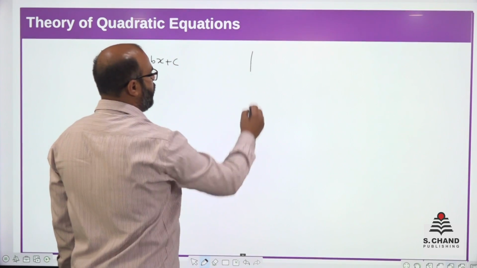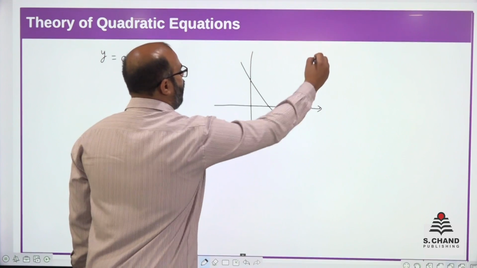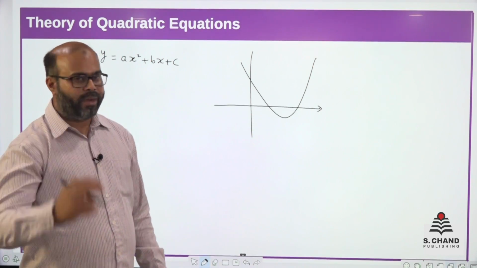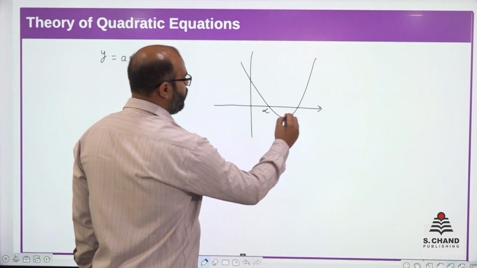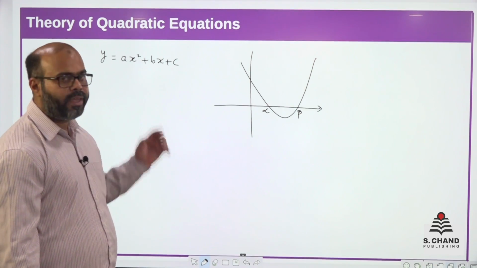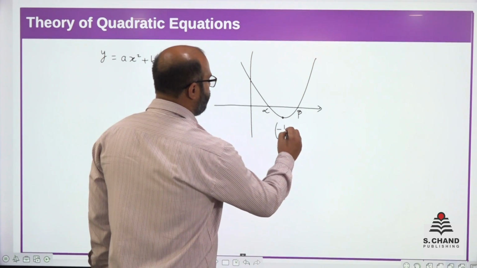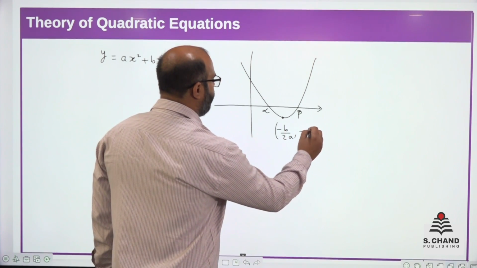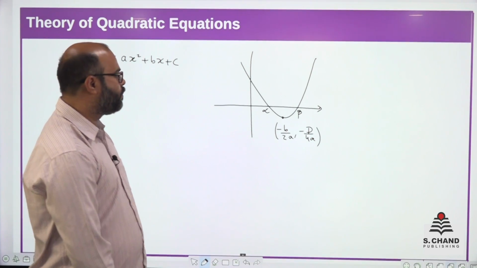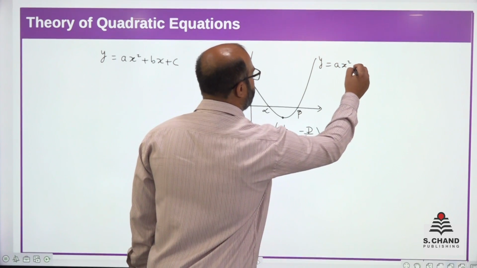Now if we take a graph like this, an upward opening parabola which is cutting the x-axis at 2 points, these two are called the roots of this quadratic equation or the zeros of the quadratic expression. And this is the vertex whose coordinate is minus b by 2a, comma minus d by 4a. D we already know is the discriminant, and this is the graph of y is equal to ax square plus bx plus c.